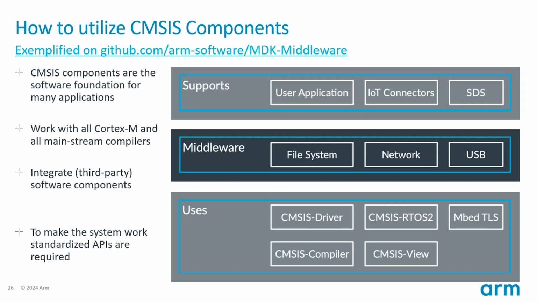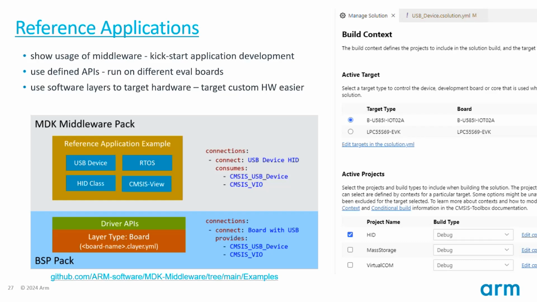And to make this all work, we need standardized APIs. So especially the CMSIS driver APIs are now well established in the industry. I think roughly a quarter of the devices that are in the catalog offer CMSIS drivers, and the number is growing every day. And how does that help us with reference applications?